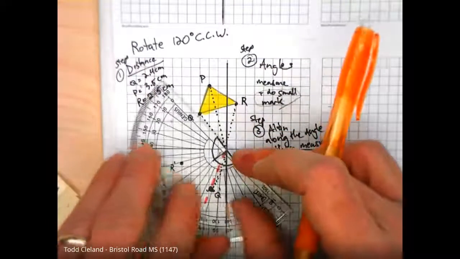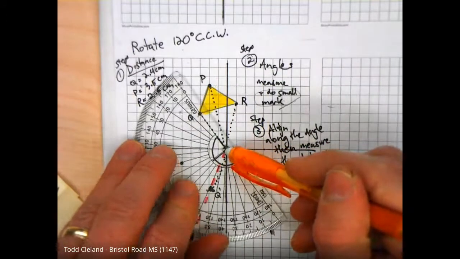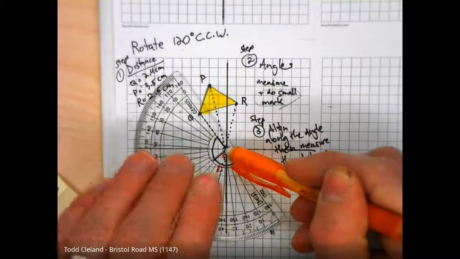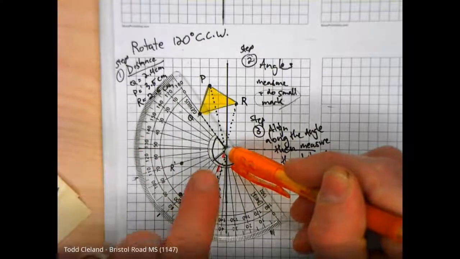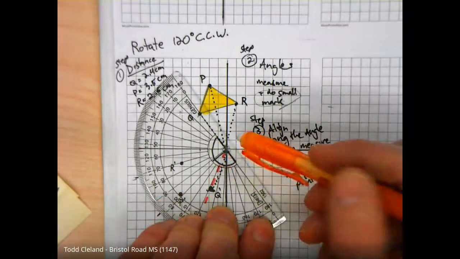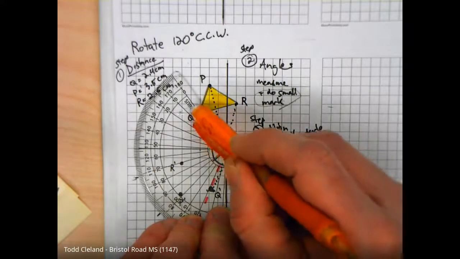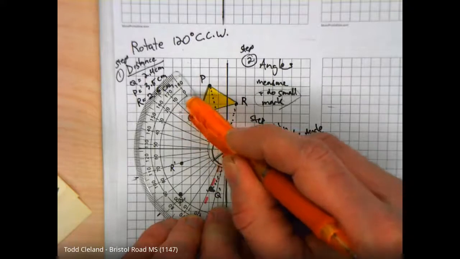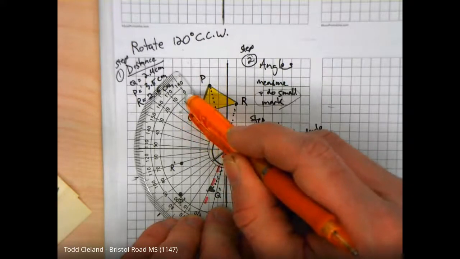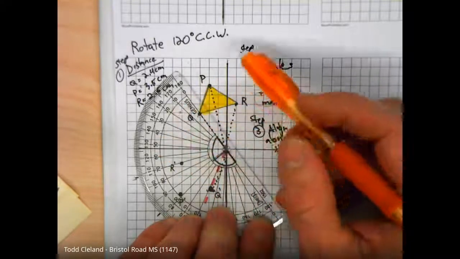So I turn it around and I align it to the point of rotation, in this case, the origin. This will work even if you're rotating not around the origin, though. That's one of the benefits of this method, although it's a little bit slower. I then align the origin and the point, making sure that it's that 0 line. Notice the interior when I'm going counterclockwise is 0. The exterior says 180. Just don't let that throw you off. It just depends on which way you're rotating.